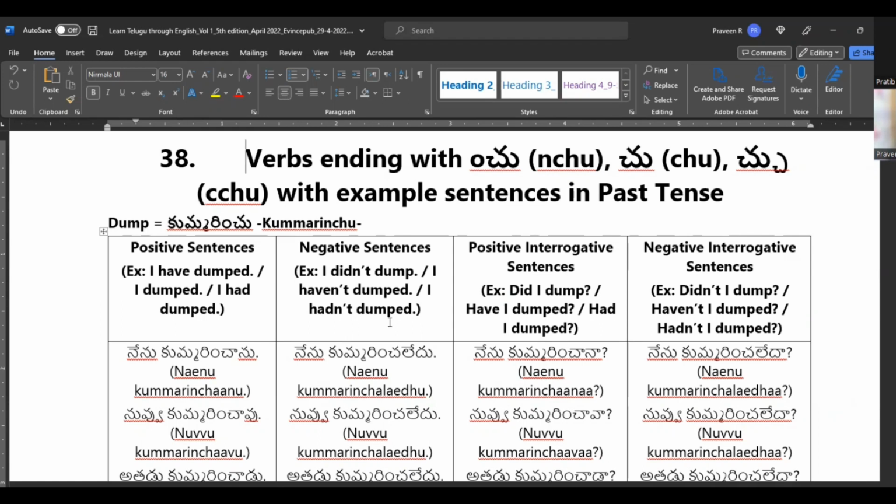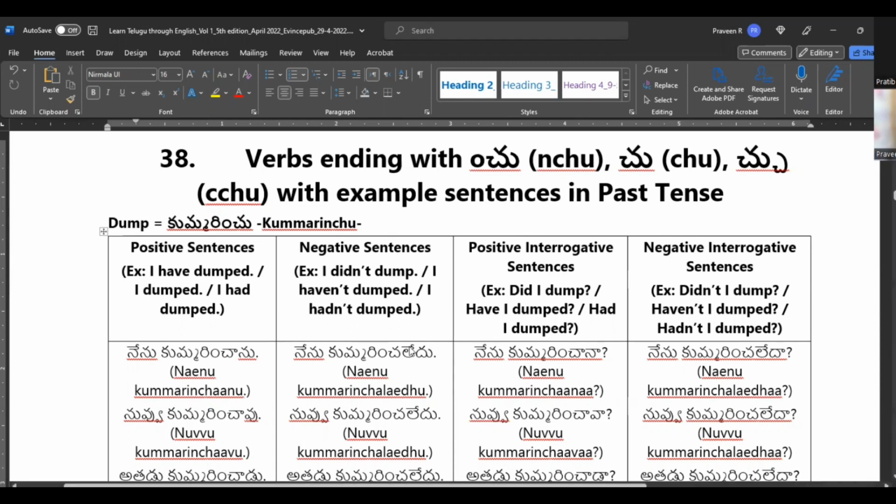Past tense, continuous tense, simple future tense, and future perfect tense: these four categories sound different. Maybe what you can do is, if you want to compare, write those sentences side by side in your notebook and see the difference. Then you will easily understand.